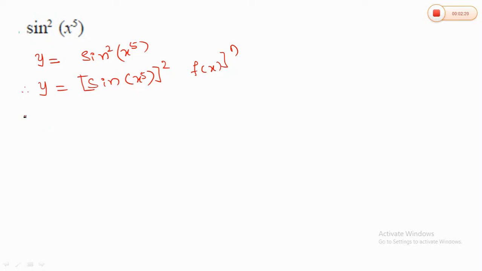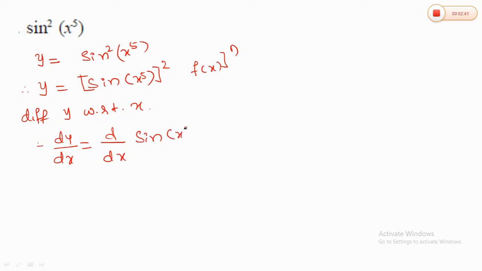So therefore differentiate y with respect to x. Therefore dy by dx equal to d by dx of sine x fifth bracket raised to 2. So this equals, first we have to differentiate this exponent, that is 2 sine of x fifth.